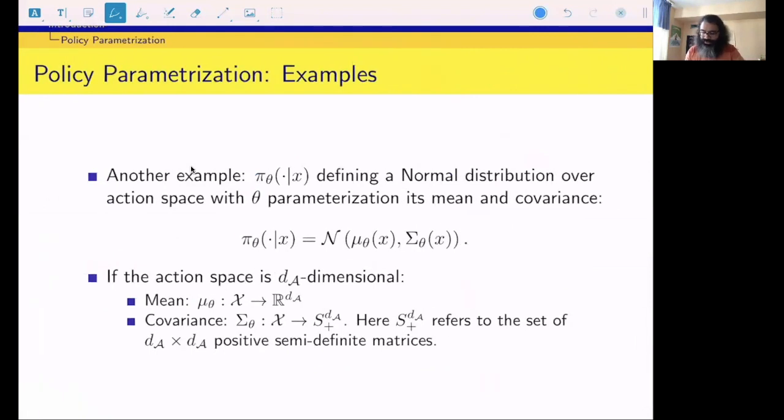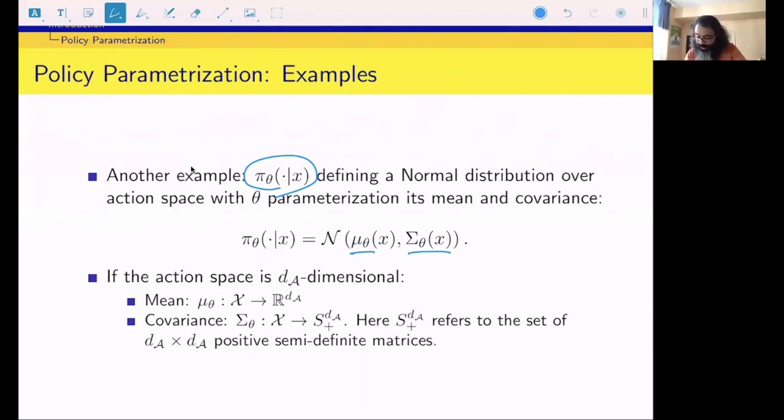Okay, so another example is suppose we define phi as a normal distribution, where the mean and variance or covariance are parameterized by theta. So here, this is kind of easy.